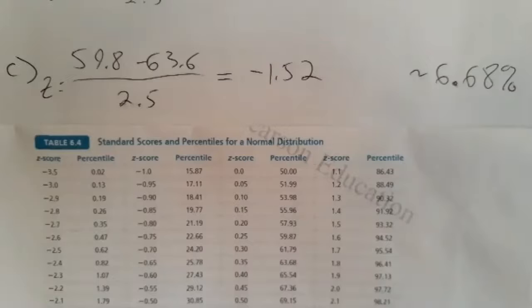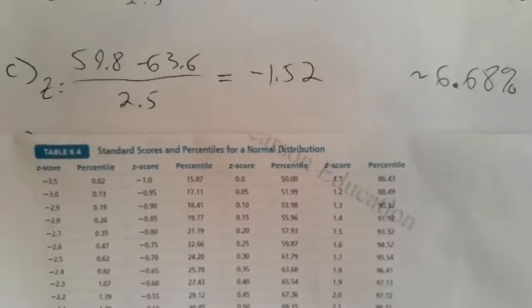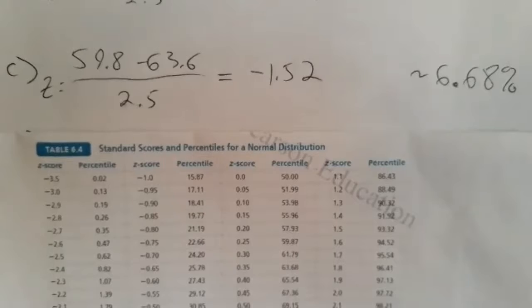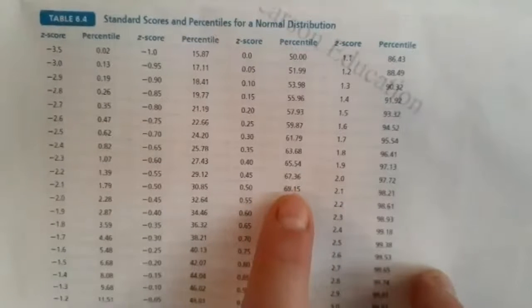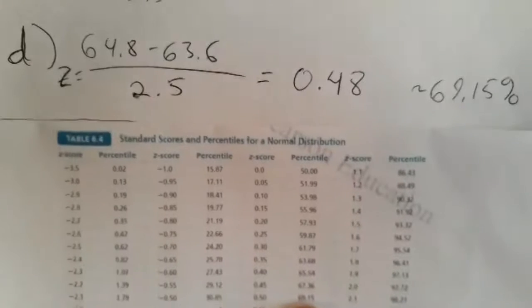Was Brittany next, or did I ask Brittany for D? Did I ask you for D, or did I ask someone else? I think so. Okay. I got 0.48 for the Z-score. Okay, so we're looking at 0.48. Around 68, 69. Yeah, somewhere in there.